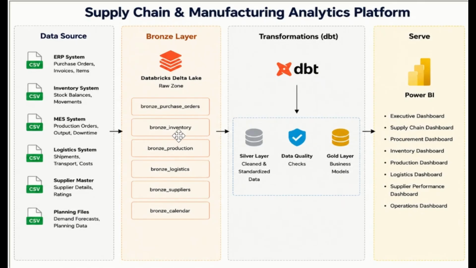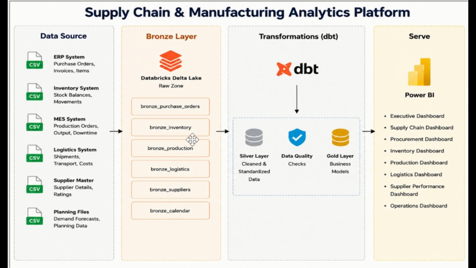We shall take all the data into Databricks, and within Databricks, we shall build 3 layers: a bronze layer, a silver layer, and a gold layer. The bronze layer will contain the raw data. Once the data is pulled from its respective sources, it's just dumped into this layer, which is what we call the bronze layer.